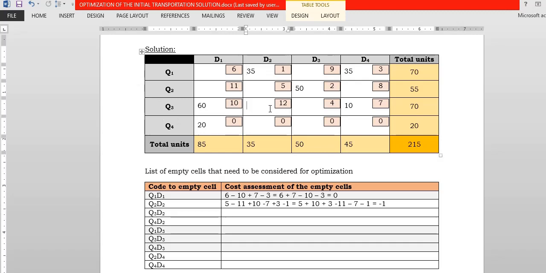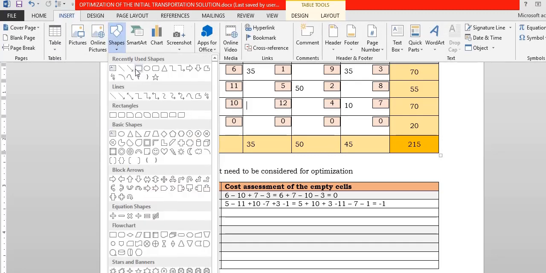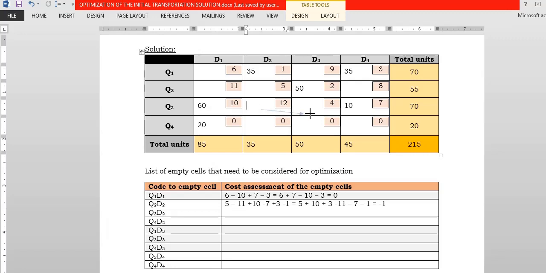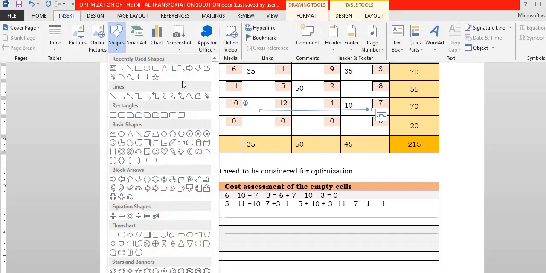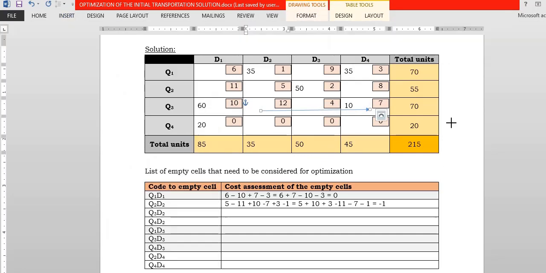Q3, D2 is here. So let's find out, do we have a closed loop? Yes, we do have a closed loop, so we can start from here up to there. They are properly allocated there. Then from there we have another loop. So you can see there's a location here, there's a location there.